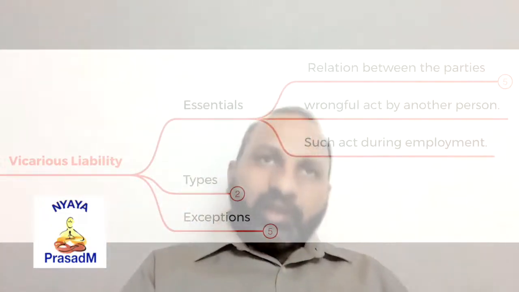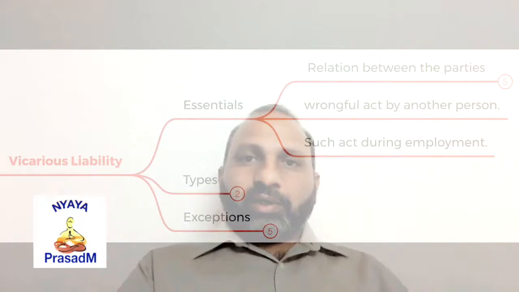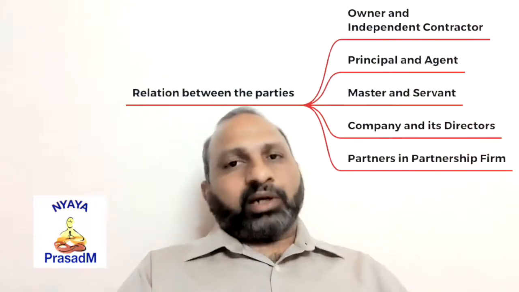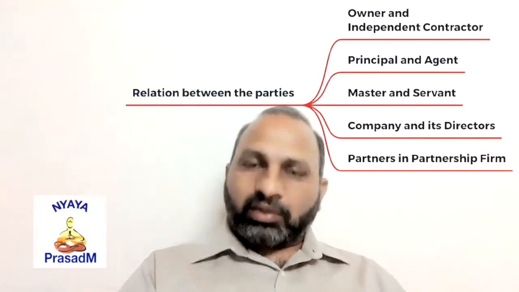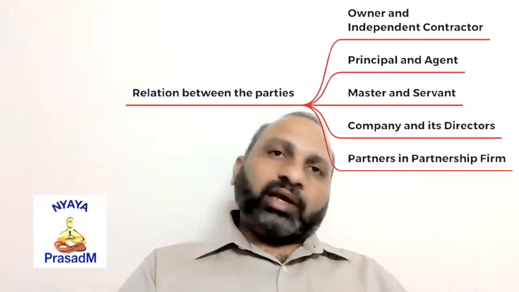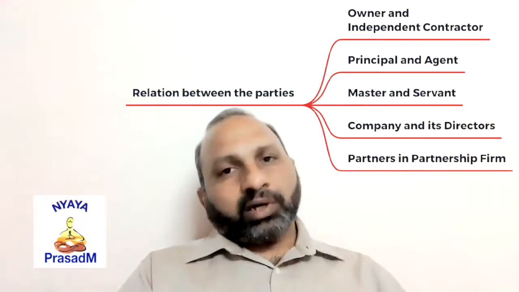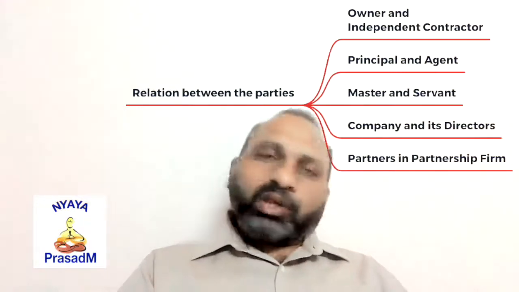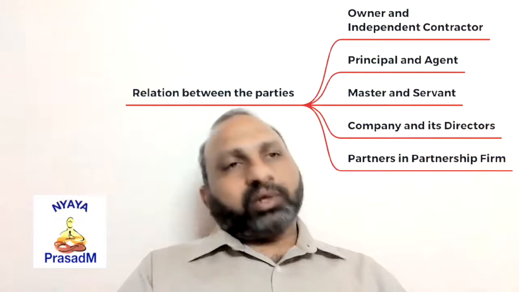This relation must be any one of these: either owner and independent contractor, or principal and agent, or master and servant, or company and its directors, or partners in a partnership firm.